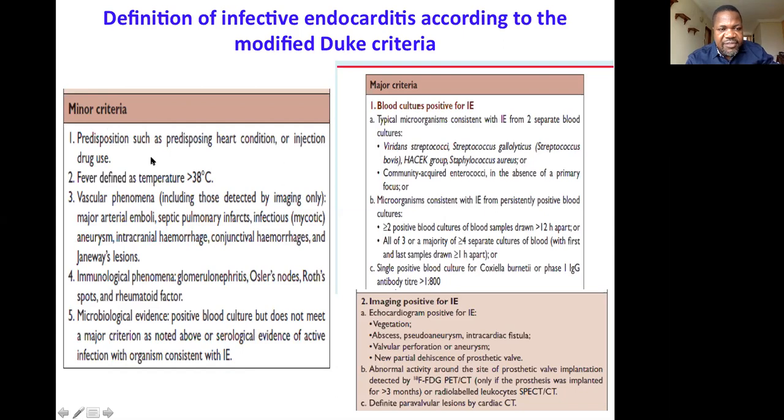The minor criteria are predisposition, such as any existing heart condition or injection drug use, or fever, vascular problems, immunological problems, or microbial evidence like positive blood culture, but it does not meet the major criteria that we explained. So those are the 5 minor criteria that you can have.